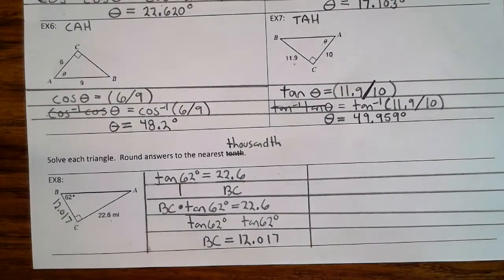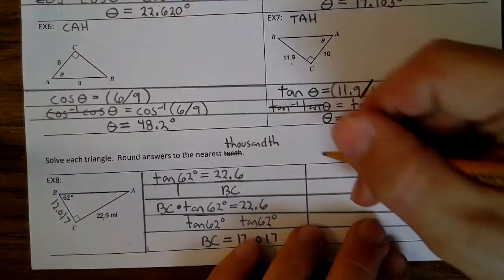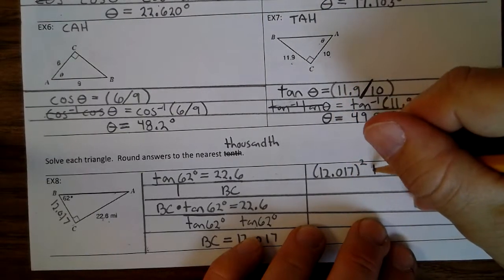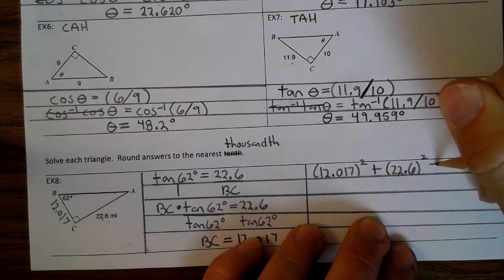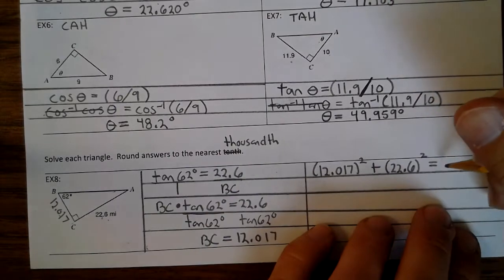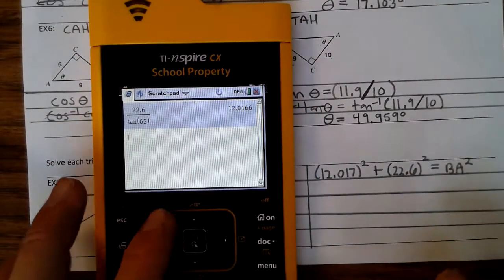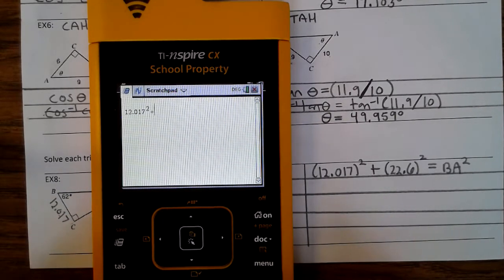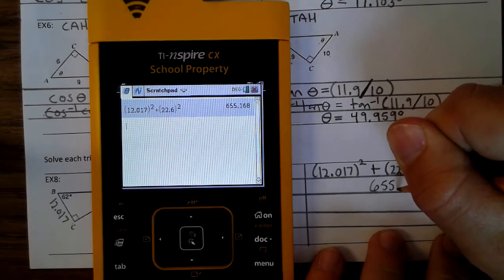All right. So now the next thing is to find AB. We know this is a right triangle, so we can use the Pythagorean Theorem. So we know that 12.017 squared plus 22.6 squared equals BA squared. All right, so 12.017 squared plus 22.6 squared is 655.168.